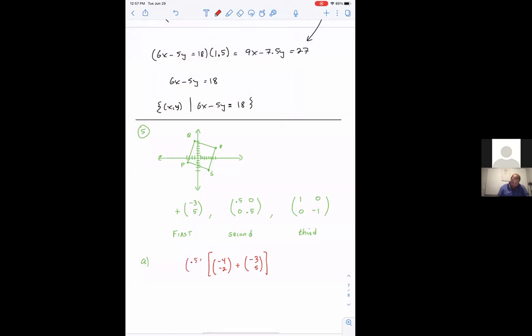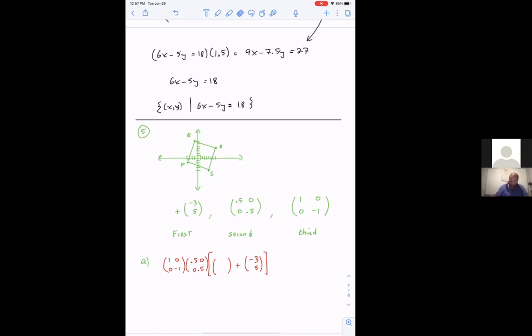Then we multiply by this matrix on the left, then we multiply by this matrix on its left. What we get out of this is going to be our solution, or at least where P ends up.